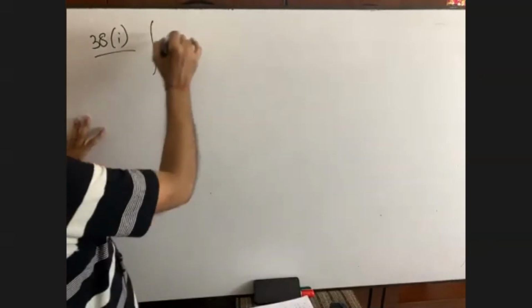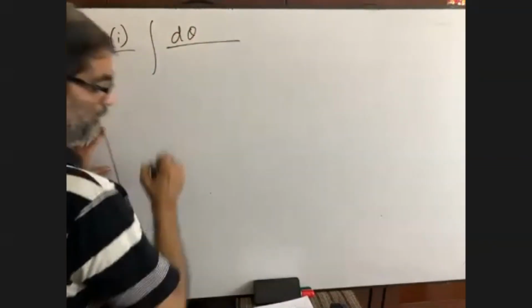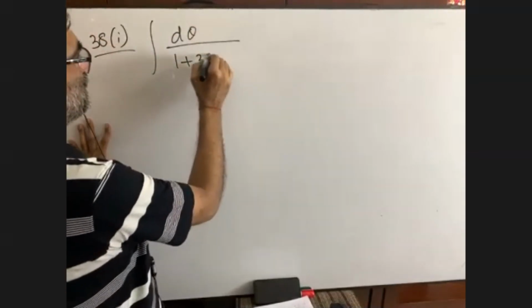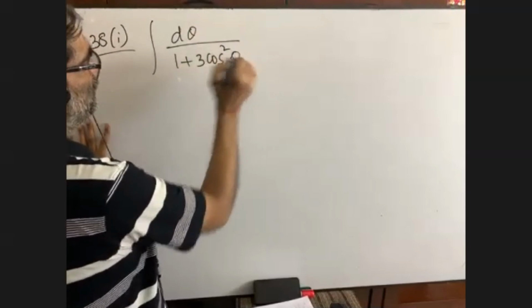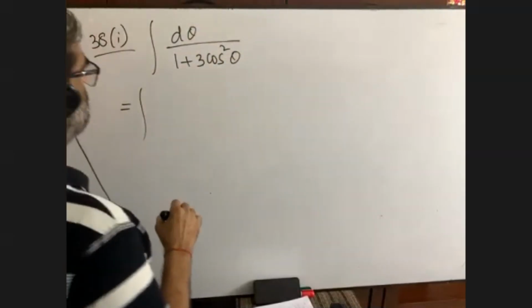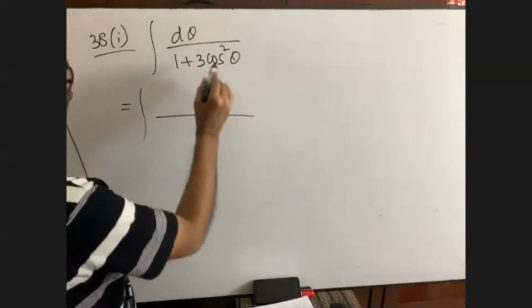Okay, anyway, you see d theta by 1 plus 3 cos square theta. What is to be done, you see? Very easy and simple. We don't have any other option, but we can divide by cos square theta.